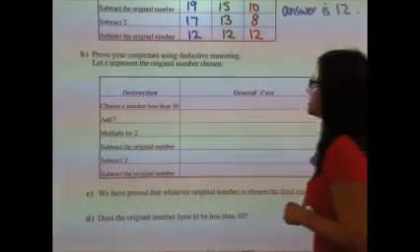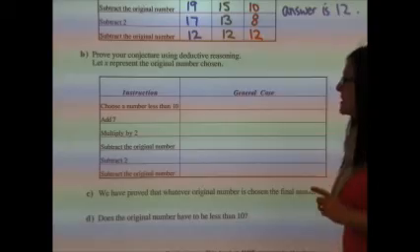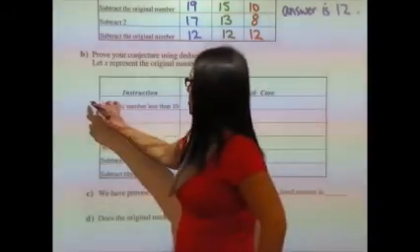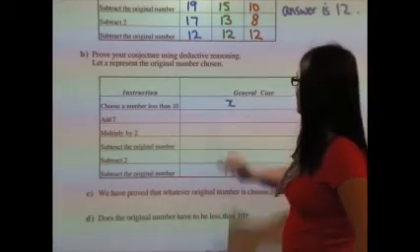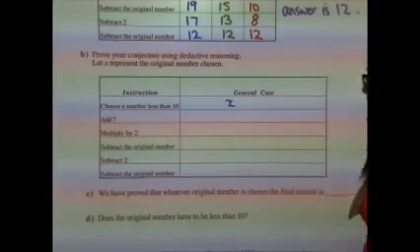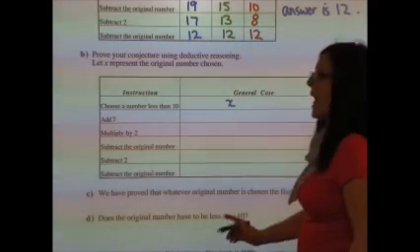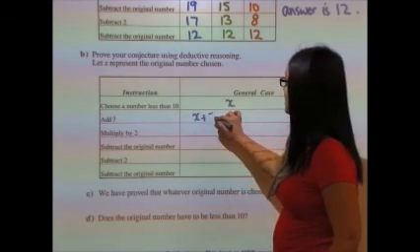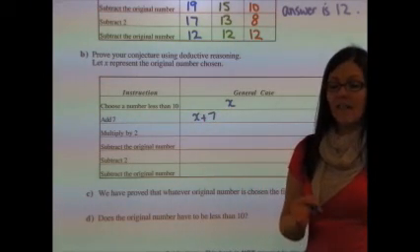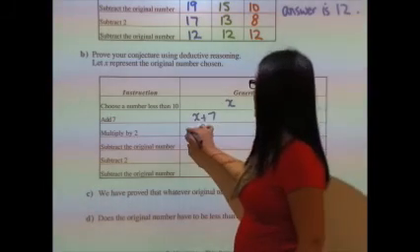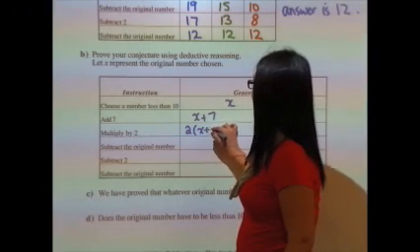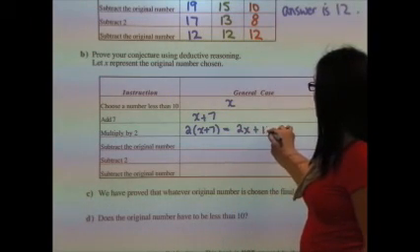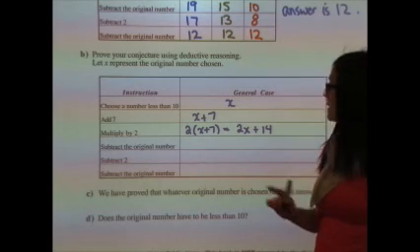So if we were to use deductive reasoning instead, I would let x represent my original number. Choose a number less than 10. That's my x. The only condition is x has to be less than 10. Add 7. So I take x and add 7. The next part is to multiply by 2. If I take x plus 7 and multiply it by 2, I get 2x plus 14.